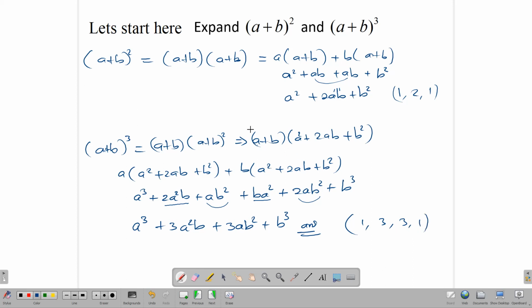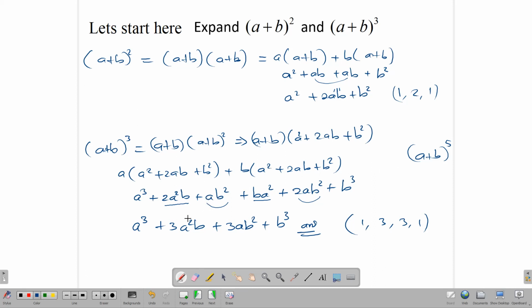Now, notice that moving from a plus b squared to a plus b cubed, the multiplication got a lot harder. So if we wanted to expand something like a plus b to the 5, you can imagine that going through this, the multiplication is going to be significantly longer and significantly harder, a lot more writing to do.